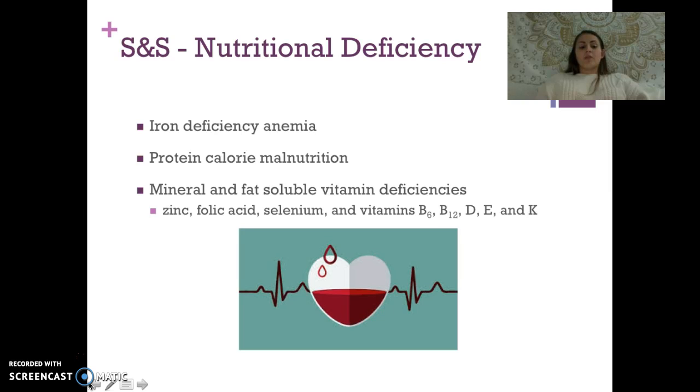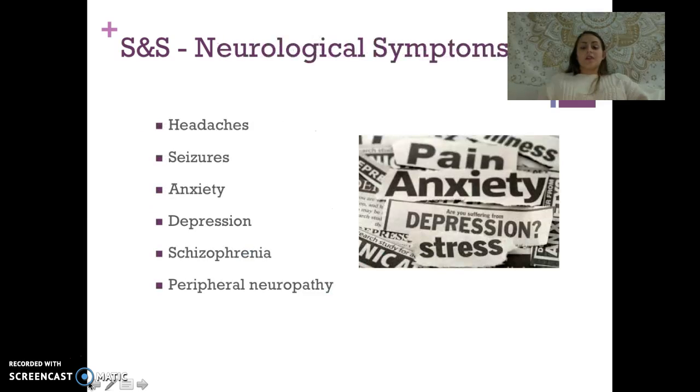There's also mineral and fat-soluble vitamin deficiency, such as zinc, folic acid, selenium, and vitamins B6, B12, D, E, and K. In addition, there are a lot of neurological symptoms, such as headaches, seizures, anxiety, depression, schizophrenia, and peripheral neuropathy.